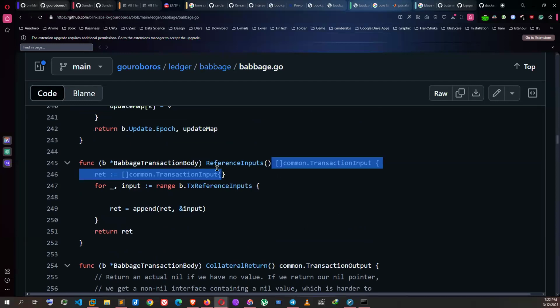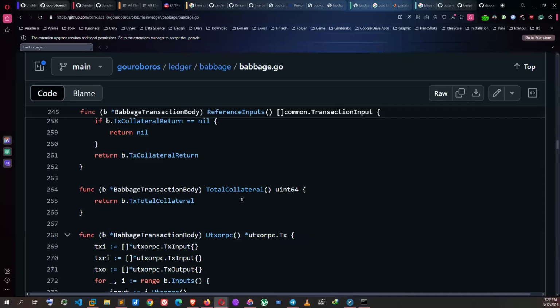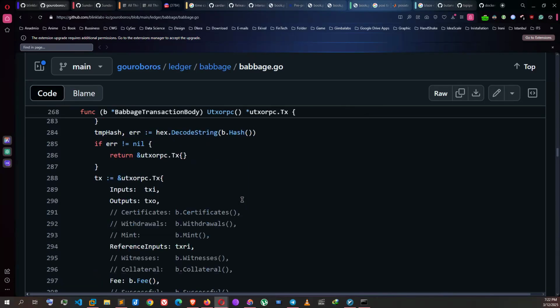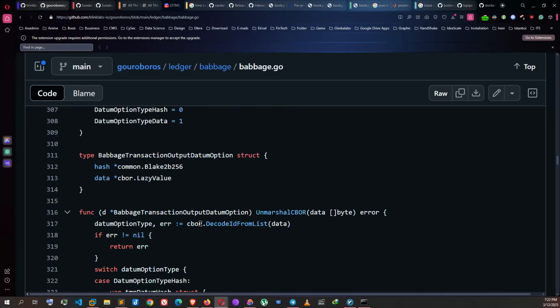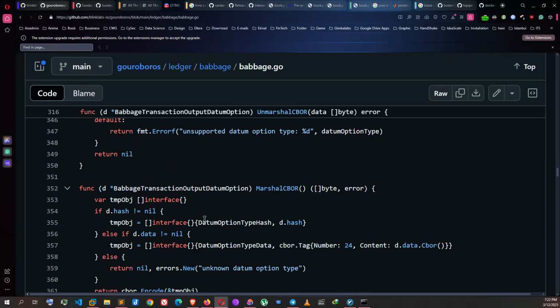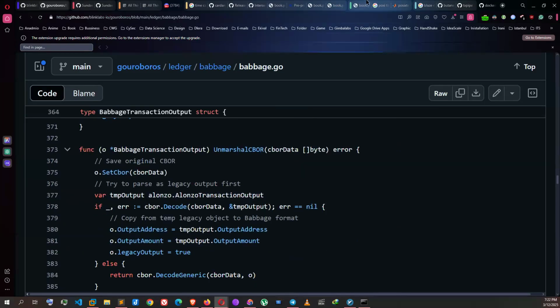I should say that in Babbage we got this reference input, the UTXO, which can hold datum and of course the contracts. Let's not talk about CBOR now. We'll talk about CBOR in the future. But anyway, we should go into more depth.